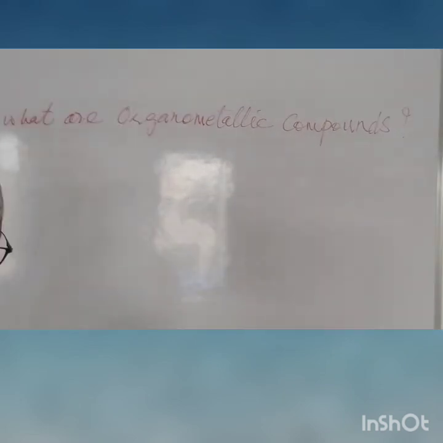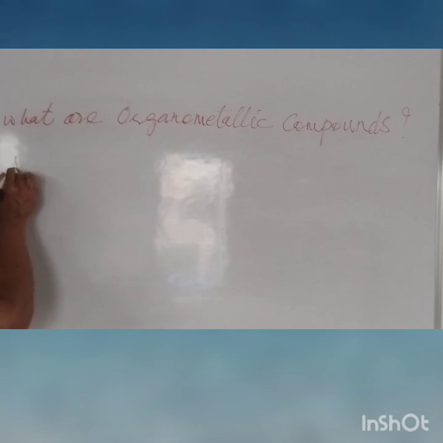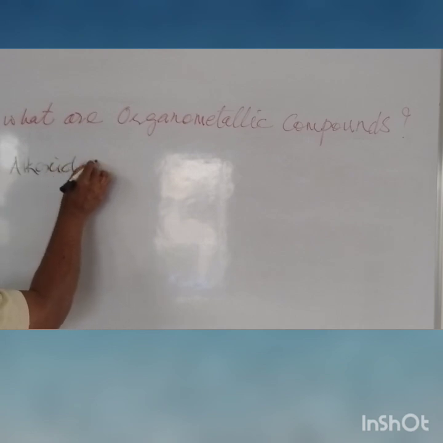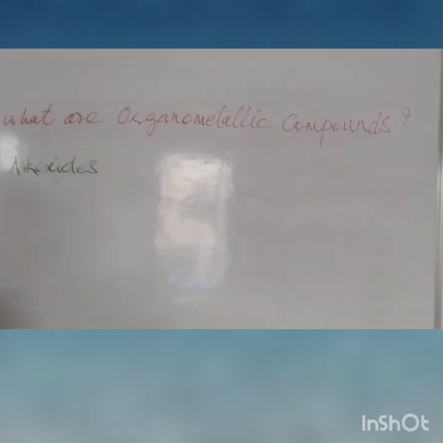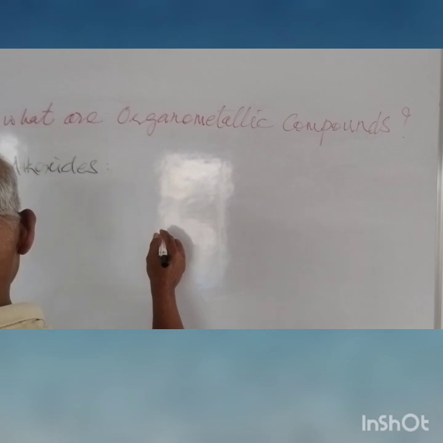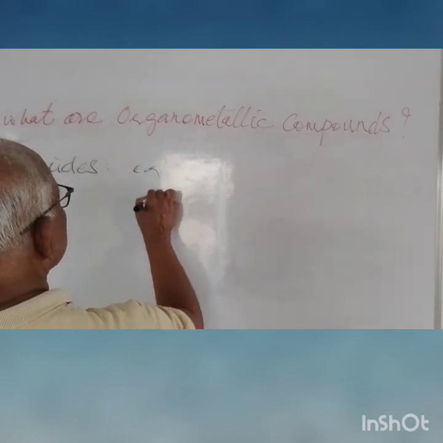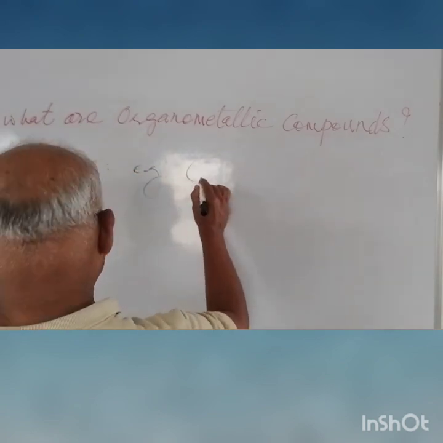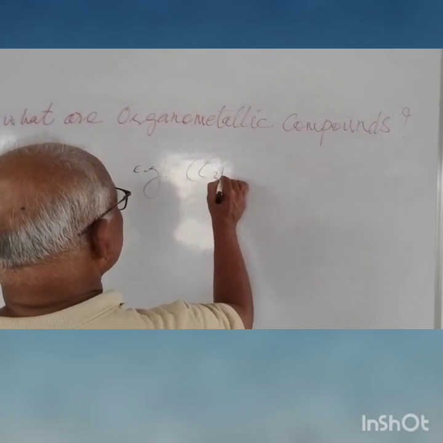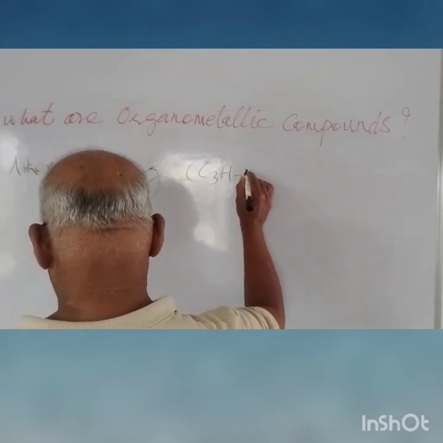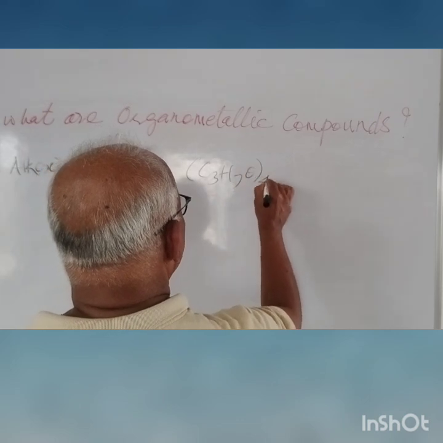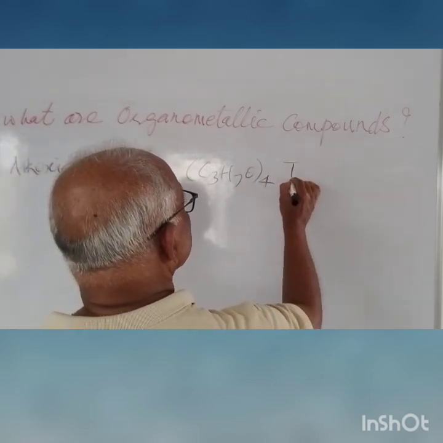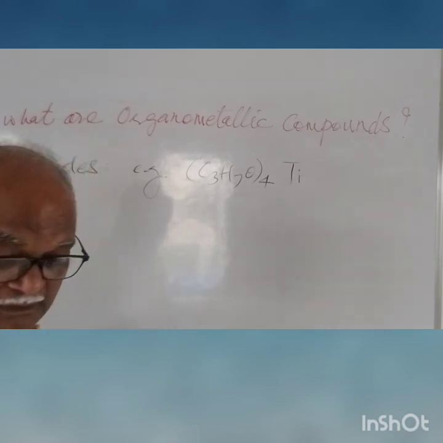If we take the simplest example, that is alkoxides, for example we can have the example of Ti(OC3H7)4.